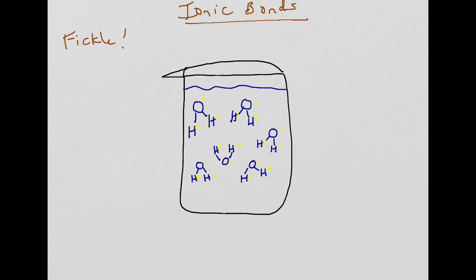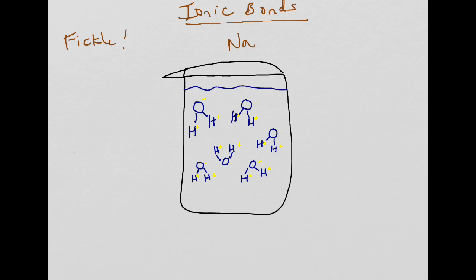So what happens when we take sodium, which has a positive charge, and chlorine, which has a negative charge, and it's together because it's in our little salt shaker here, and we drop it in there?